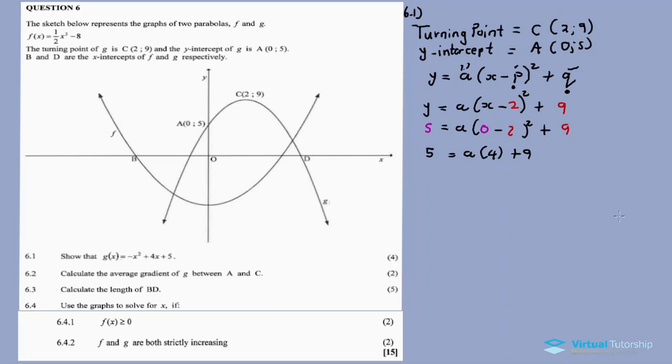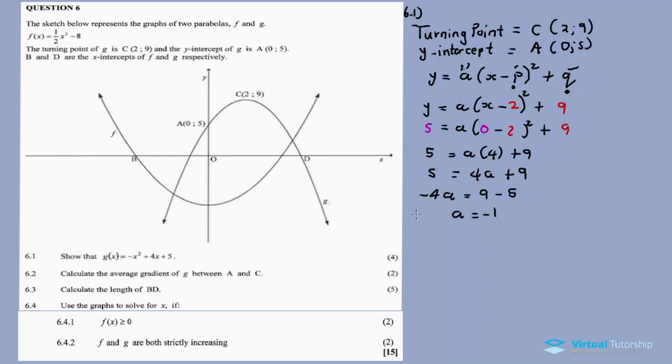We multiply a and 4, and we get 4a plus 9 equals 5. Then transpose the 4a and the 5, and the answer for a will be equal to -1, since 9 minus 5 is 4, and 4 divided by -4 gives -1, since I have to divide both sides by -4. Voila, now I have a, p and q as well.